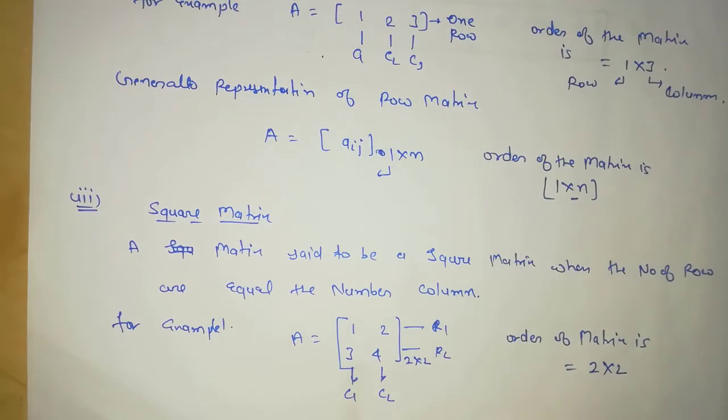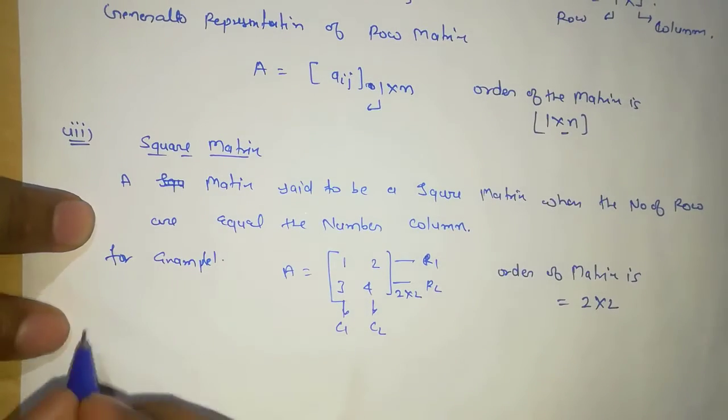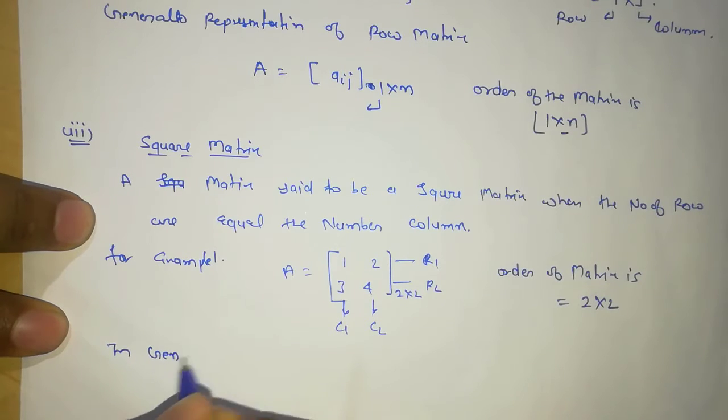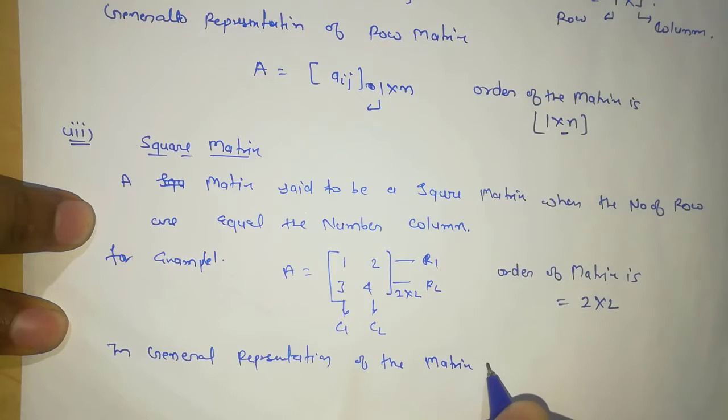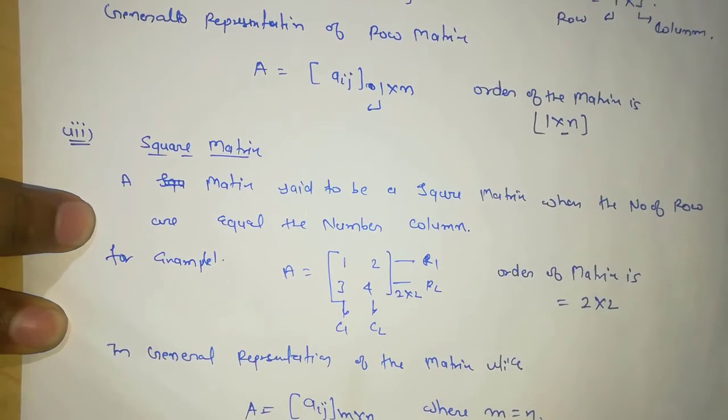The general representation is A equals Aij, m into n, where m equals n, so it will be m cross m.